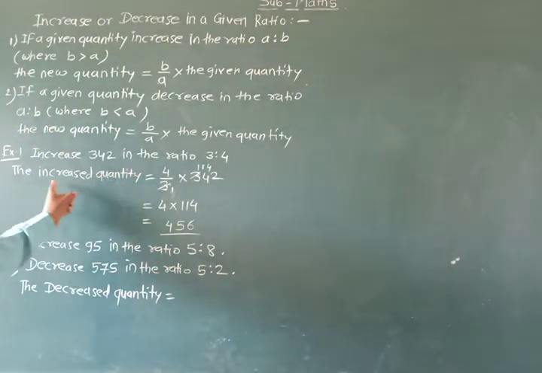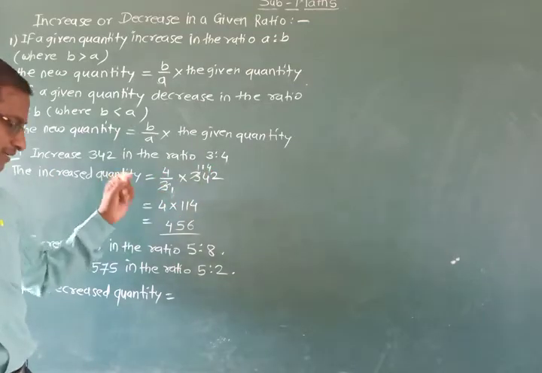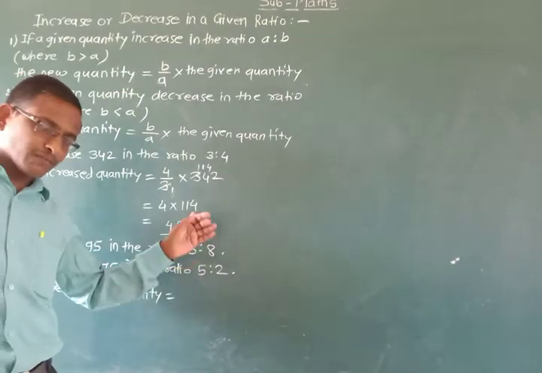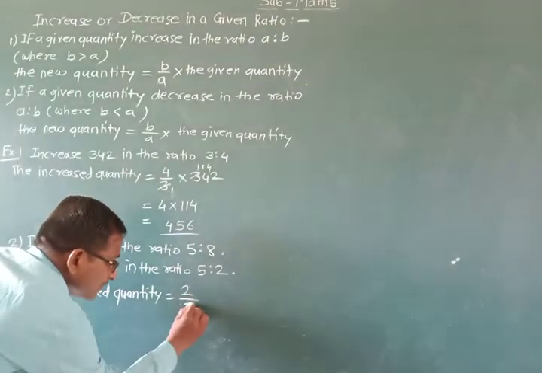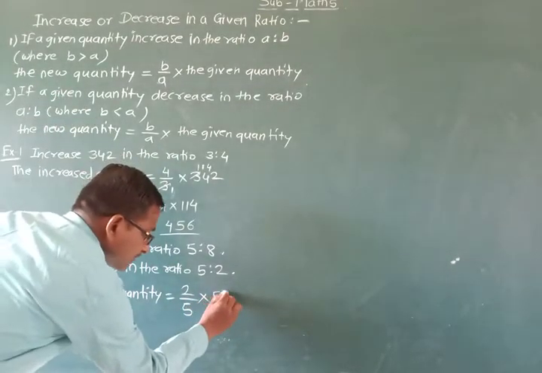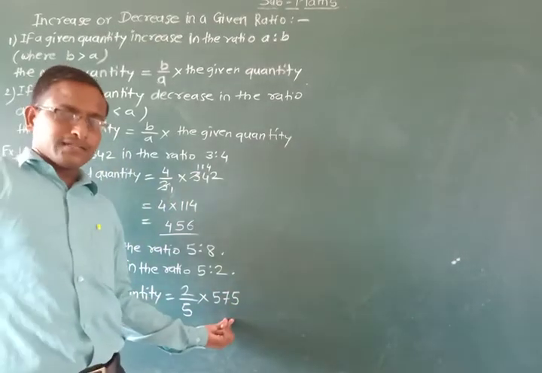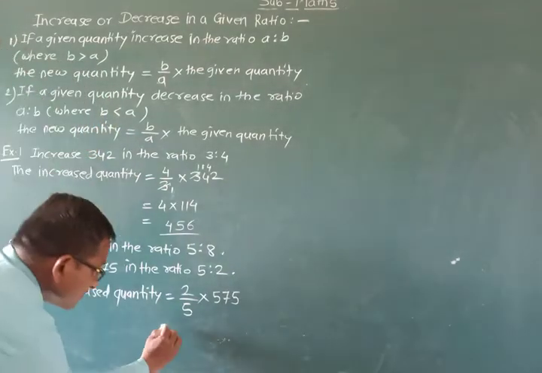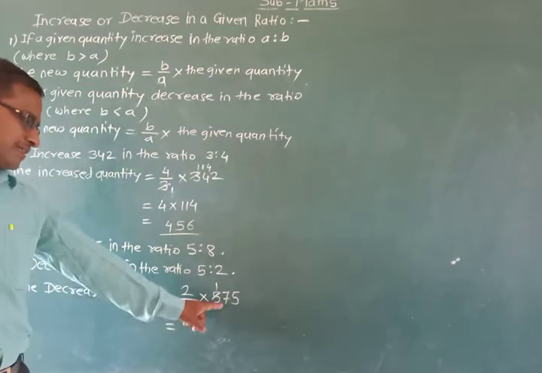For the increase value, you take the ratio 4 upon 3. But when you find the decrease value, you take first the smaller and then the greater. So 2 upon 5 multiplied by the given quantity 575. Then 5 divides 575: 5 1s are 5, then 7.